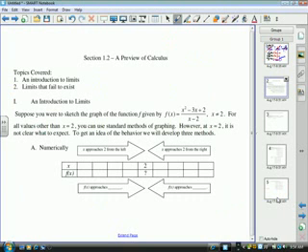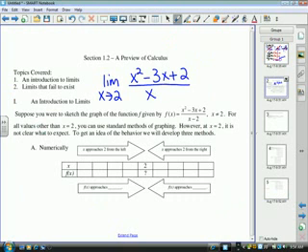On the homework, they will have this limit written down, like limit x approaches 2 of x squared minus 3x plus 2 over x minus 2.